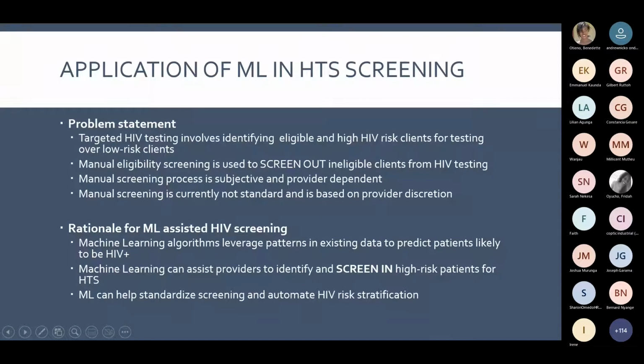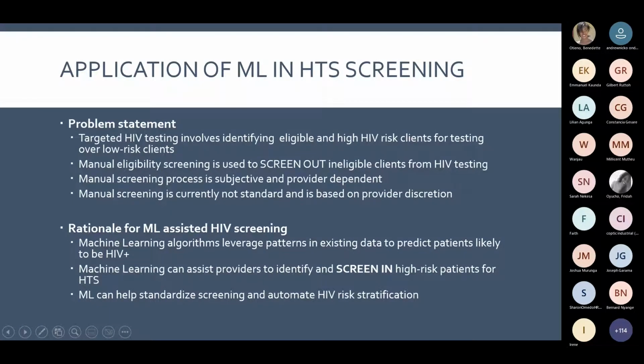We also noted that there is a tendency by the manual eligibility screening to screen out ineligible clients from HIV testing. And we wanted to introduce some form of objectivity into the screening process so that it would not be so much based on each provider's intuition and decision making.